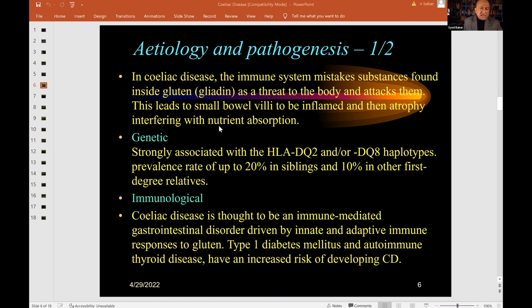There are three ways in which the pathogenesis progresses.